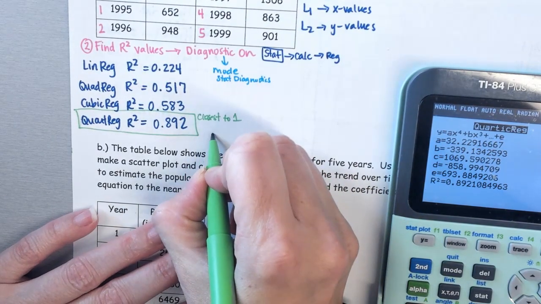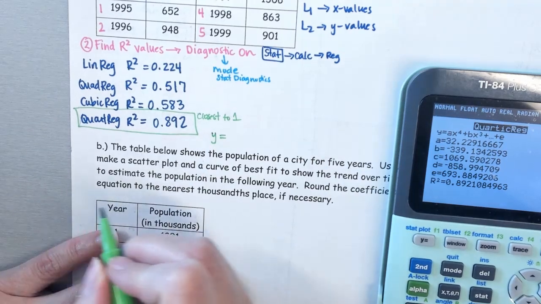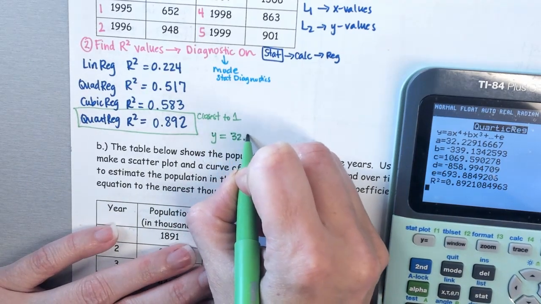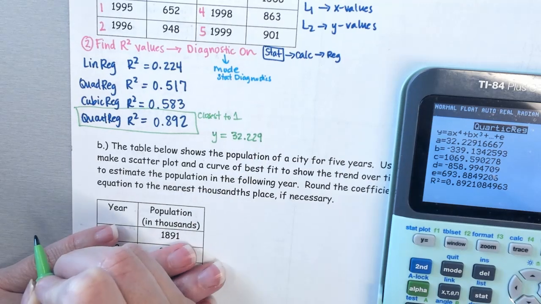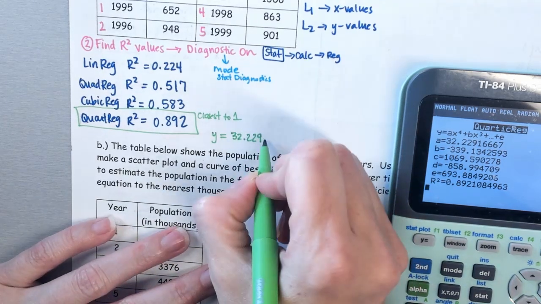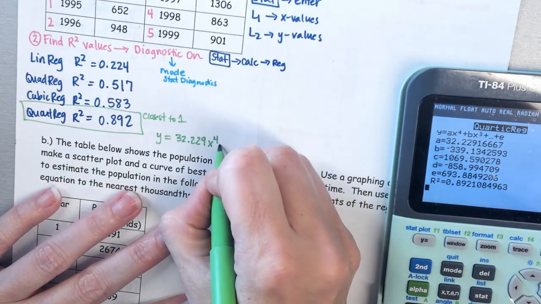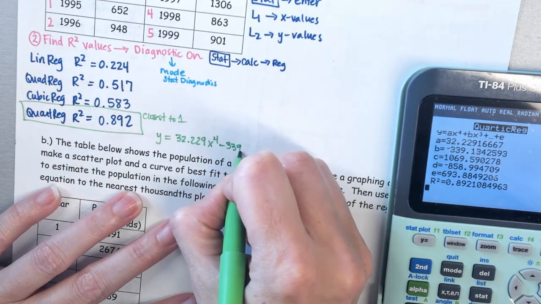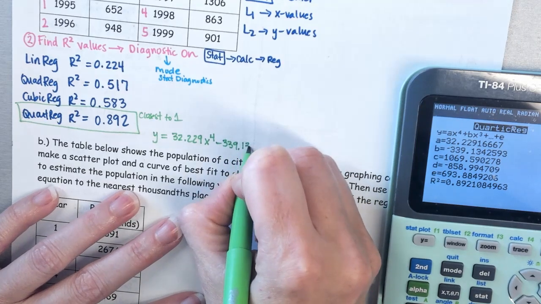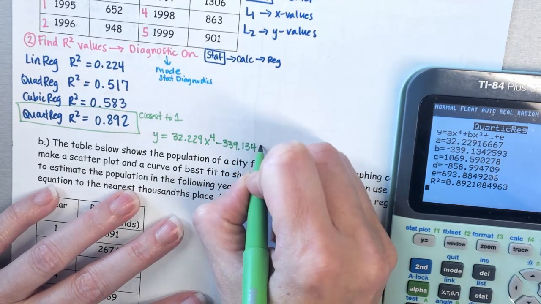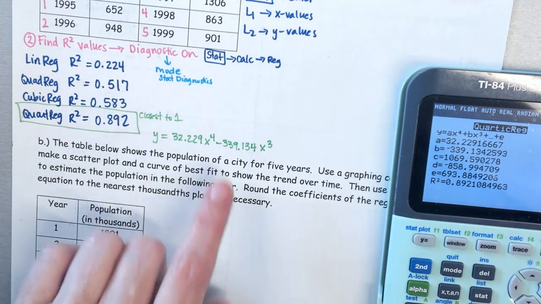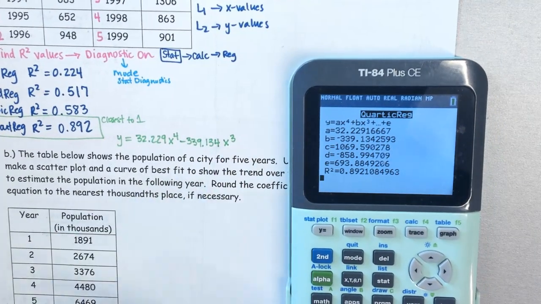So your equation is y equals 32.229 x to the 4th, minus, and then we're always rounding to the nearest thousandth, which is 3 places after the decimal. This is going to be x cubed, and then I want you to write the rest out. So use your A, B, and C values to write that out, and then I'll show you how to do your scatter plot.